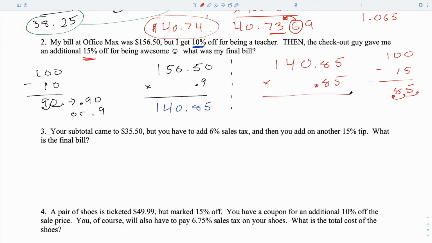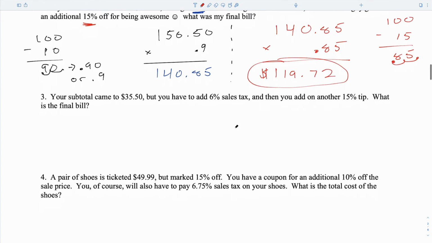Plug it into your calculator, raise your hand. Bryden, what's my answer? 119? Did you have to round? Great. There's your answer.